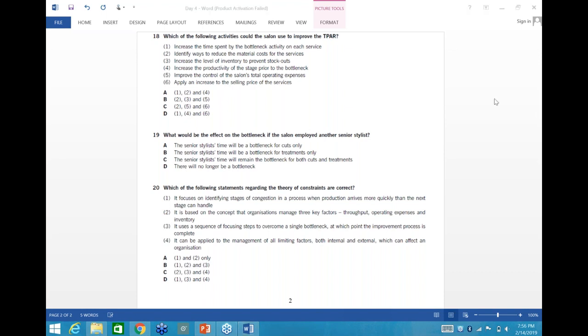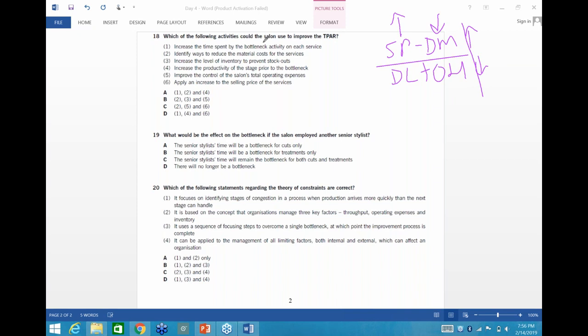The TPAR is selling price minus direct material, over direct labor plus overheads. Like I said, to improve this, this has to go up or this has to come down. So what in this list talks about something similar to these aspects?